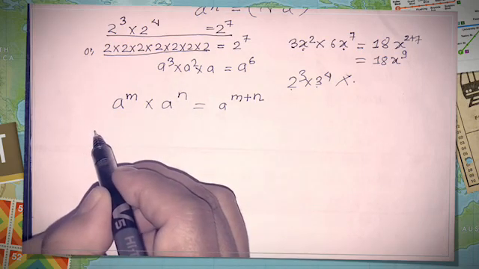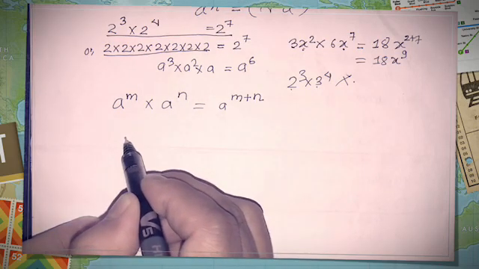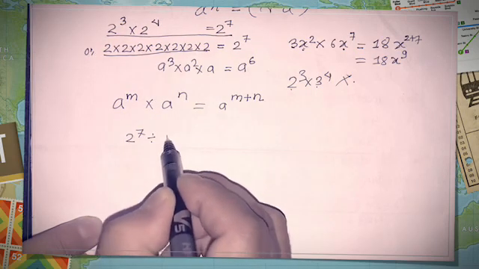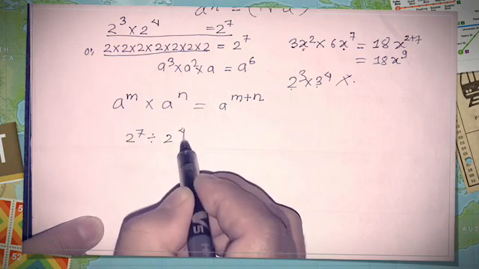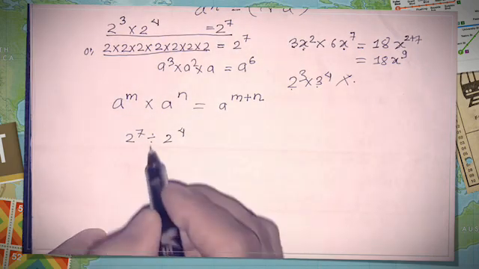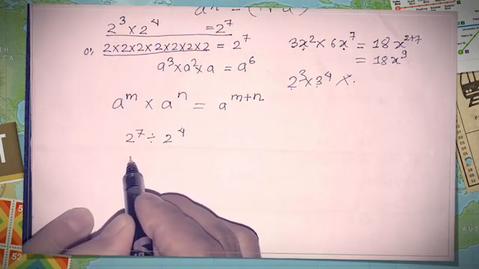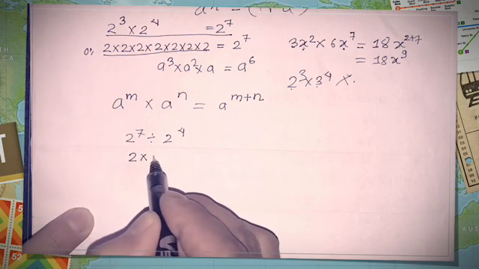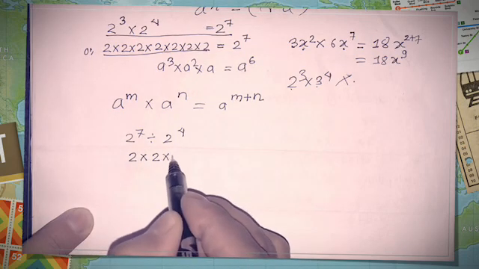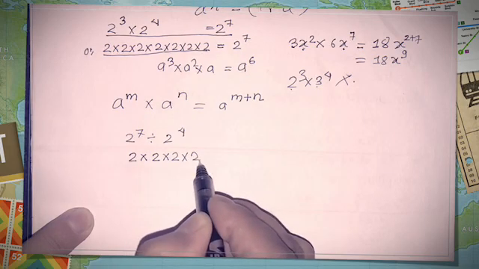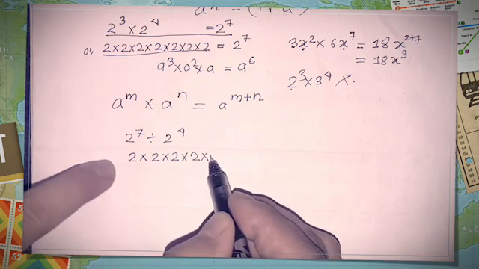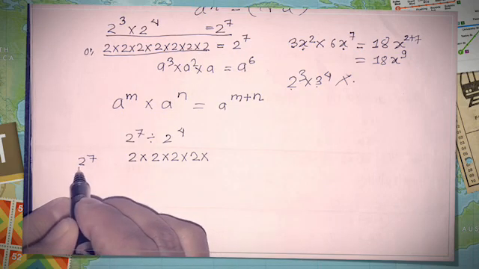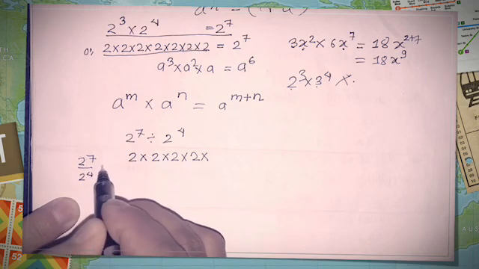Now another, dividing indices. What happens? We divide the indices. Okay, so look here. For this also, we can express the division in fraction form. Here 2 to the power 7 in fraction form, we can write this one.